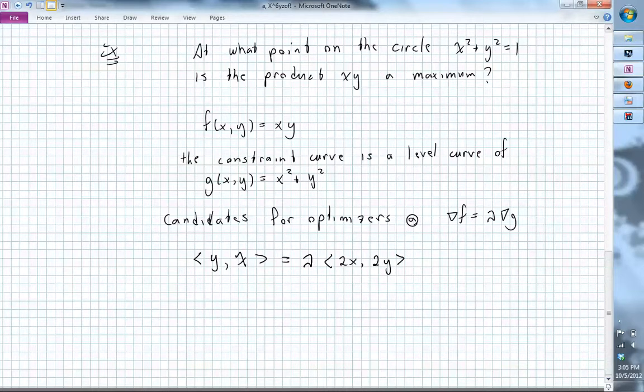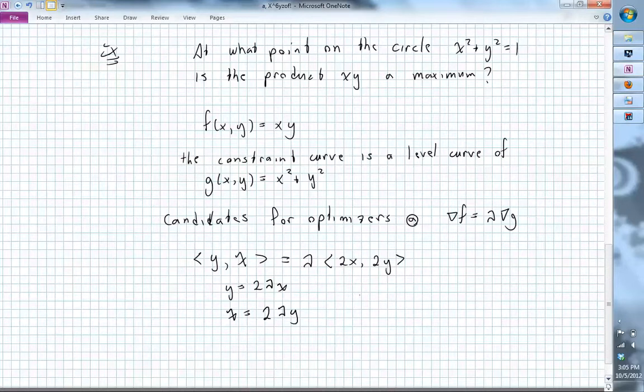One vector equation, actually two scalar equations. y is equal to 2 lambda x, and x is equal to 2 lambda y. So there's two equations, but there's three unknowns, which we don't really like so much.